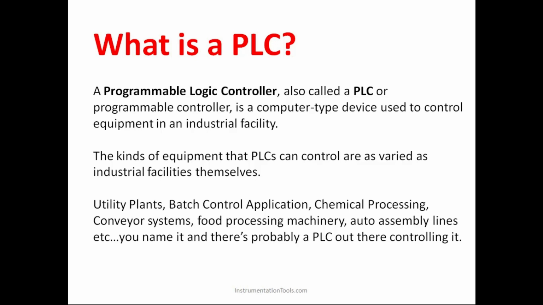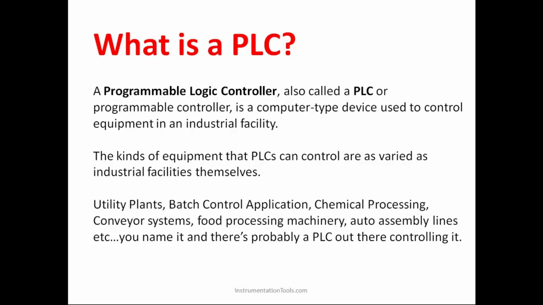The next point here is that the kind of equipment that PLCs can control is as varied as industrial facilities themselves. Obviously, if it is a process level industry, then most of the process parameters we need to observe and control, so there will be analog inputs and analog outputs also. The next point is the utility plant.